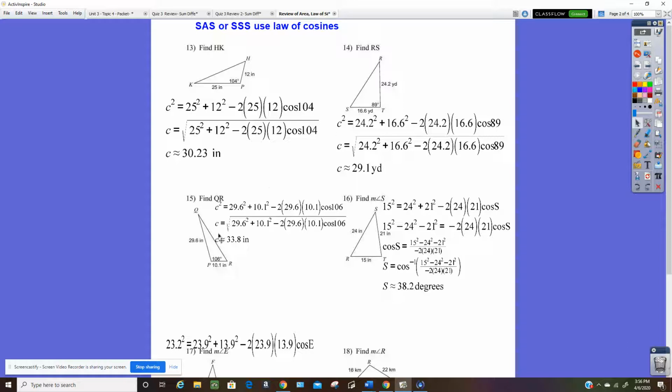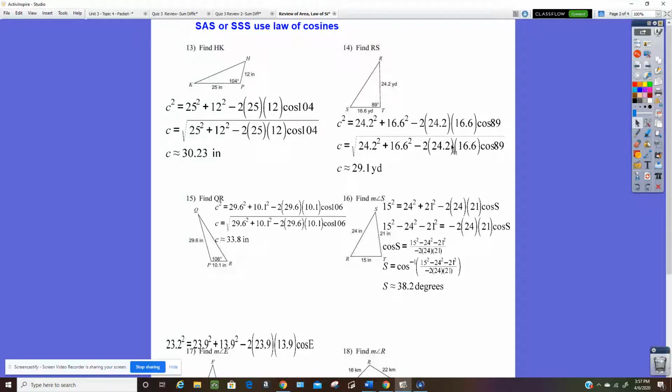And then 14 and 15 are similar. You're trying to find a side. So if I'm trying to find RS, that's going to be my C in the law of cosines equation. So C squared equals A squared plus B squared minus 2AB cosine of C. So if this is side C, then 89 is angle C. When I take the square root of both sides, I end up with C is approximately 29.1.